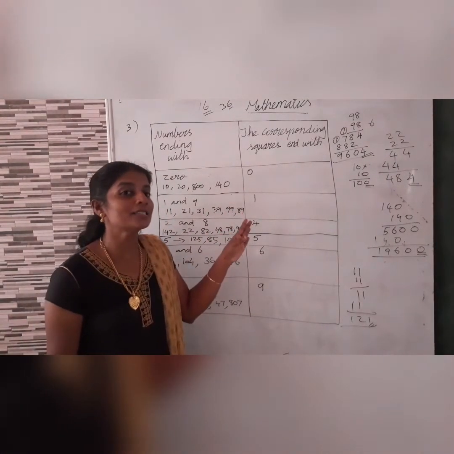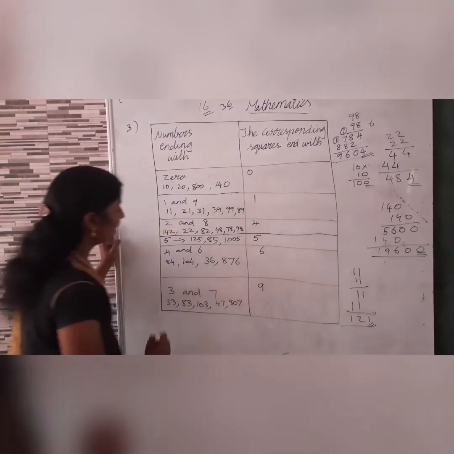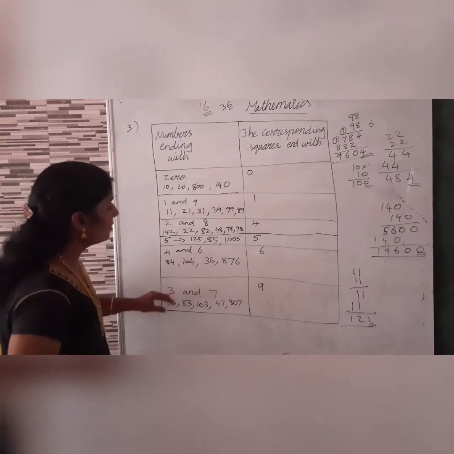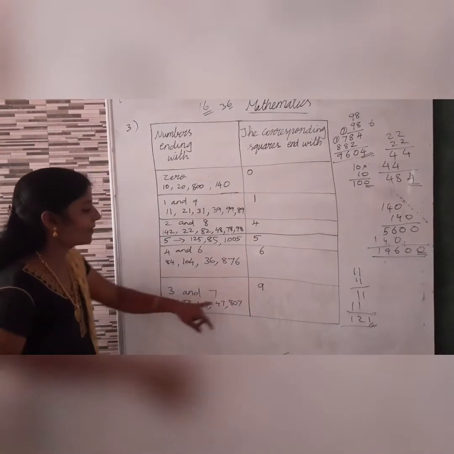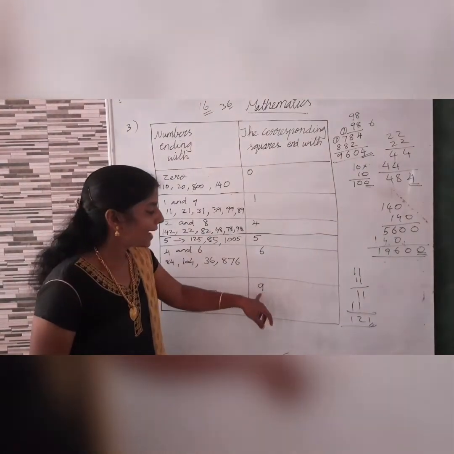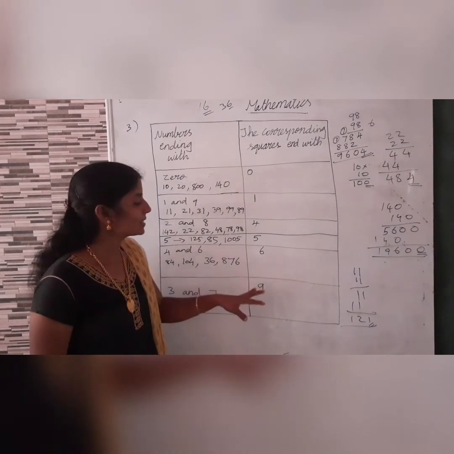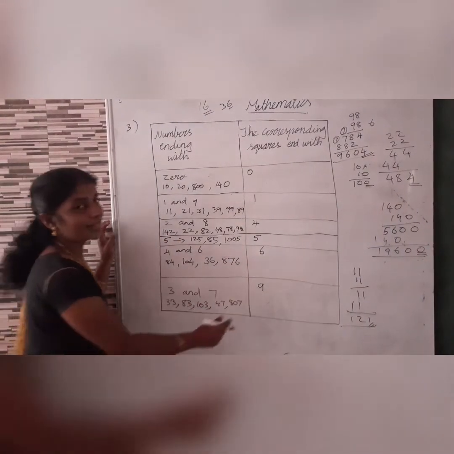Which is the ones place? 9. So, if you take any number ending with 3 or 7, the corresponding squares also end with 9.